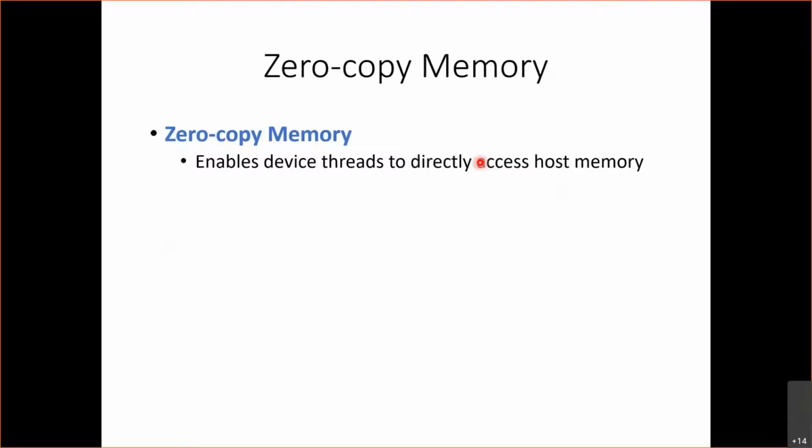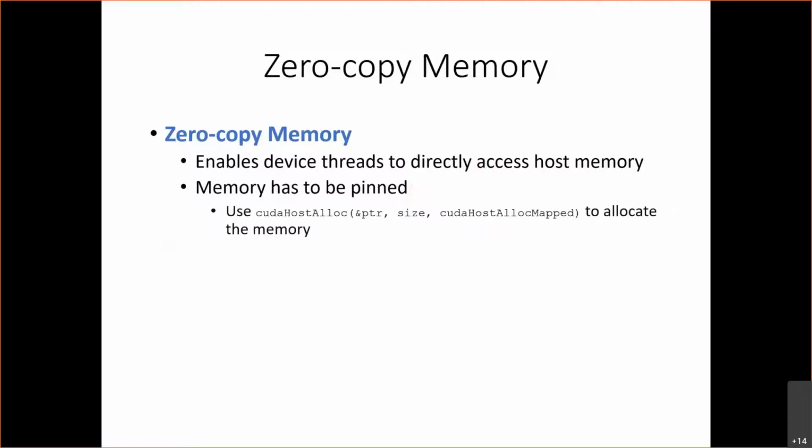So for zero copy memory to work, the data that I want to be able to access from a GPU thread in the CPU memory should be allocated in pinned memory. And the way we do that is using an API call that is CUDA host alloc.